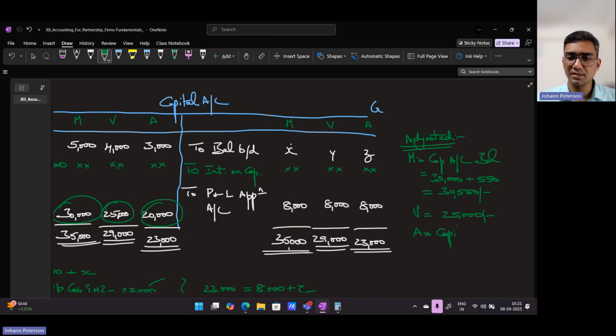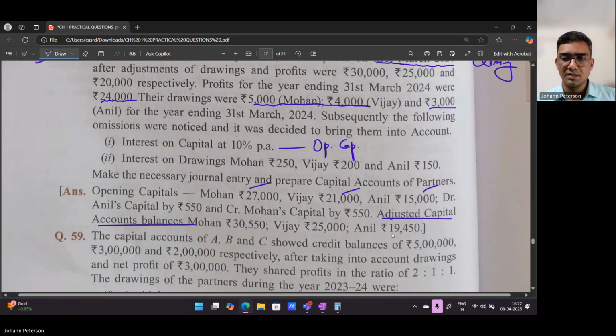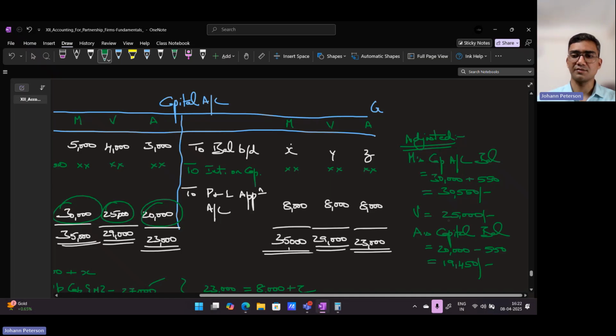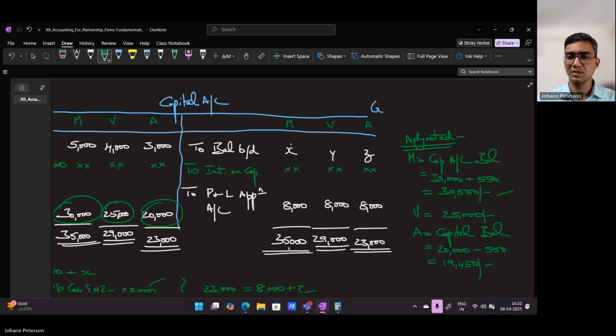So A's capital balance equals 20,000 minus 550, which makes it 19,450. So let's check our answer. A is 19,450, V is 25,000, and M is 30,550. So these are our answers.